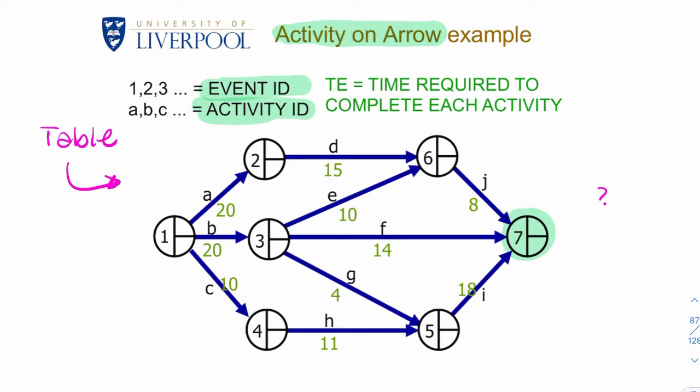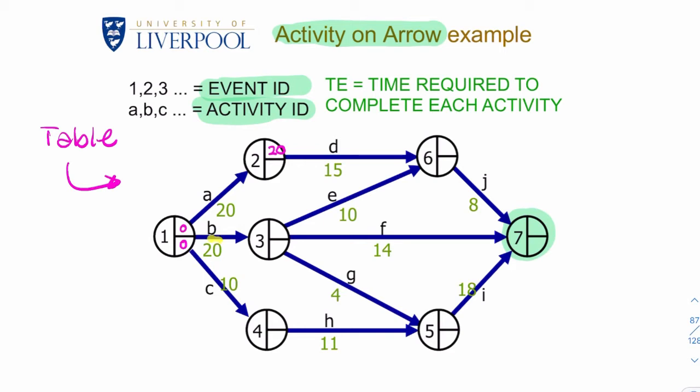So the first thing you need to do is start from the beginning. So you start from the very first activity, and we call that time 0. Now, if you take it activity by activity, your first activity will take 20 days. So therefore, the earliest time we can reach event 2 is after 20 days.